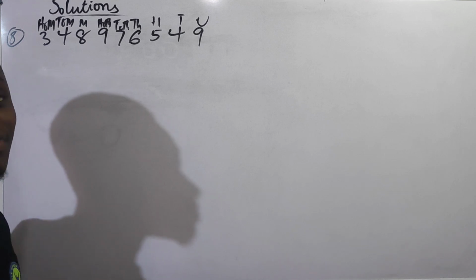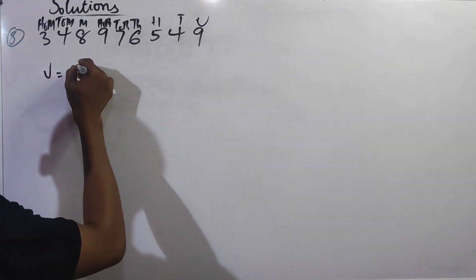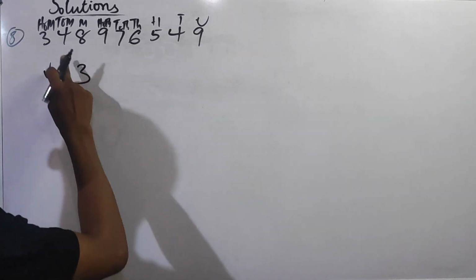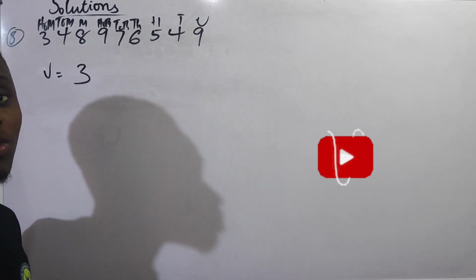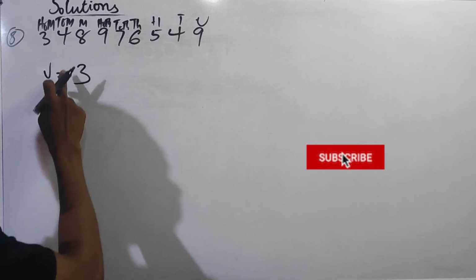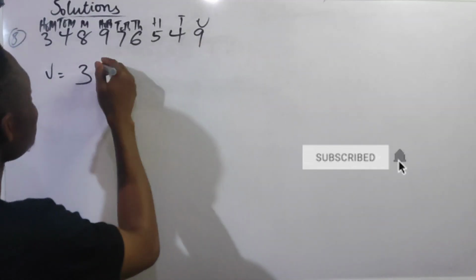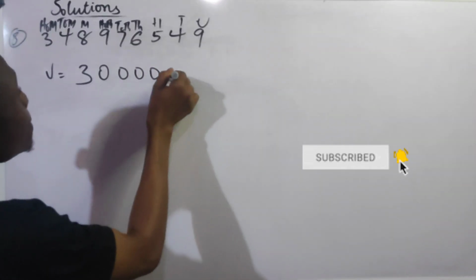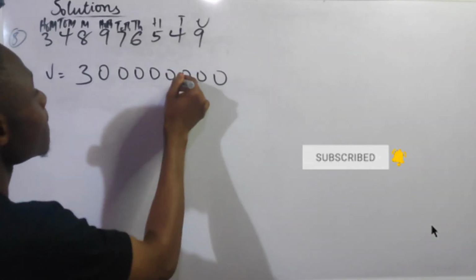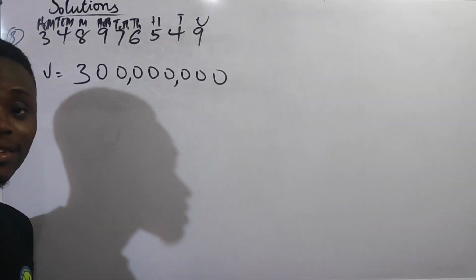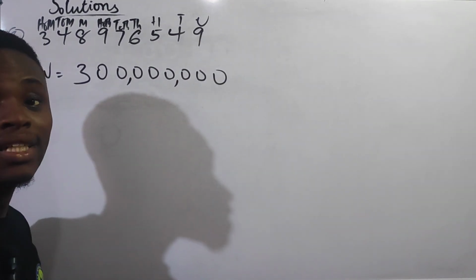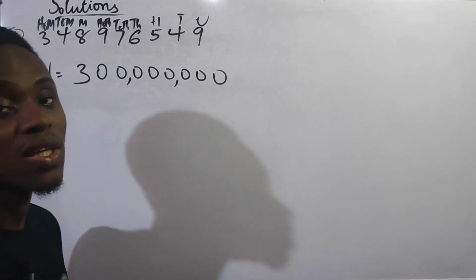I'm going to use the faster way to get the value. I'll just write 3 and the rest of these digits will be zeros. So we have 1, 2, 3, 4, 5, 6, 7, 8. That is 300 million. The value of 3 is 300 million.